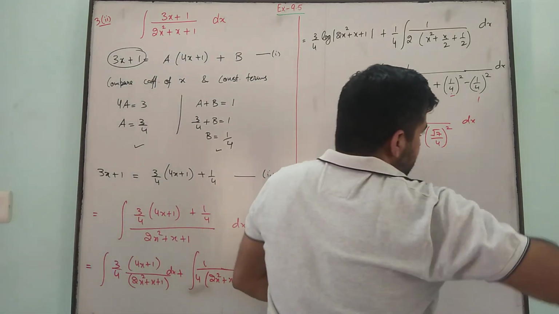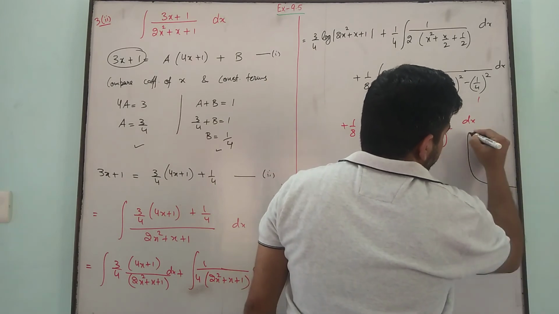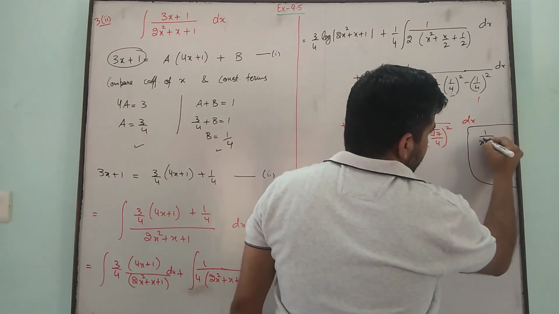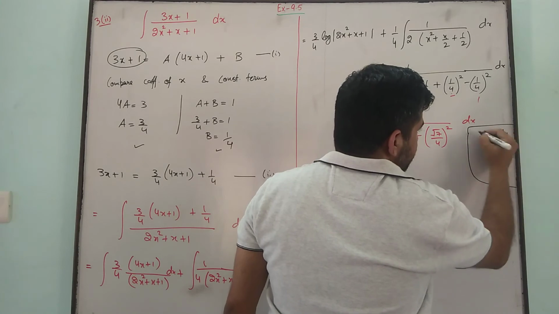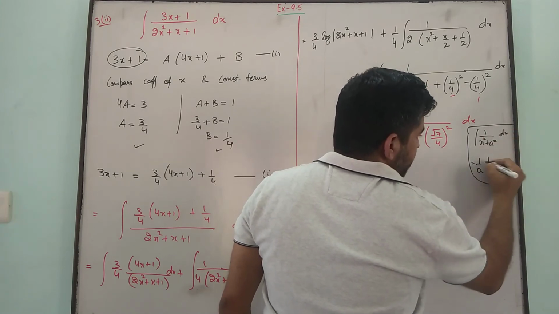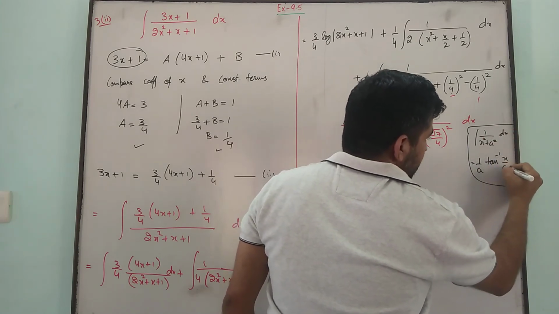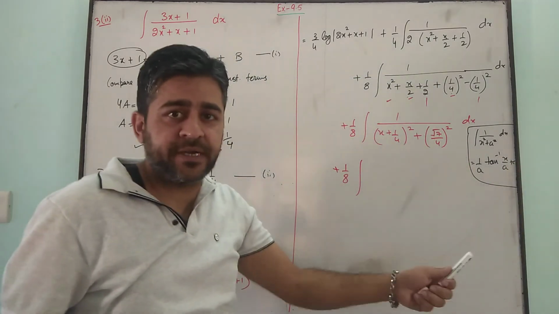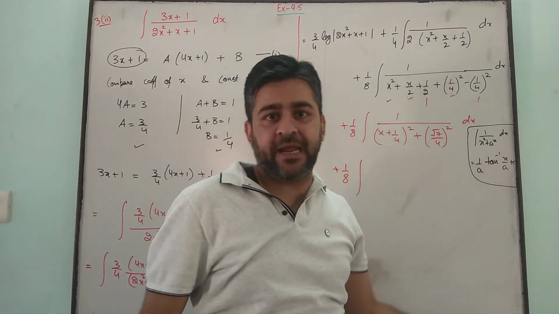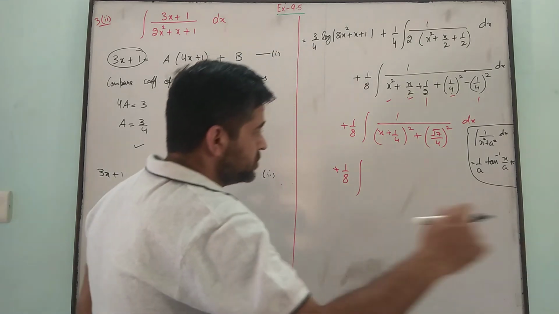I am writing it here, that this formula we are going to use: integral of 1 upon x square plus a square is 1 upon a tan inverse x upon a. You know which number it is? It is your third formula in that category of 7 formulas, right? You must know this.